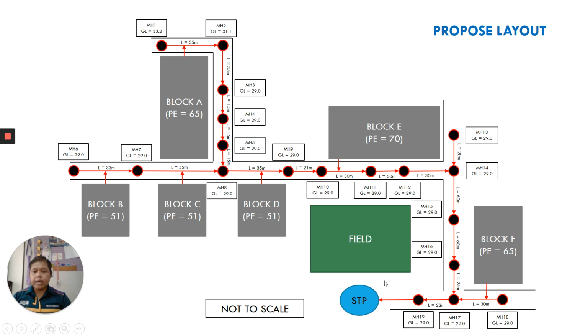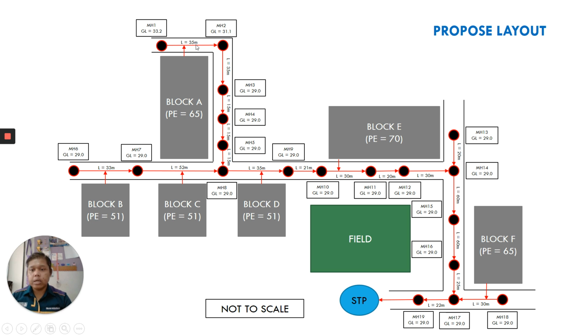In my case here, I will discharge my sewerage or sewer wastage to the STP. So we have to know also the connection or the collection point, so that we will know the population equivalent for each building and where the load will transfer to.